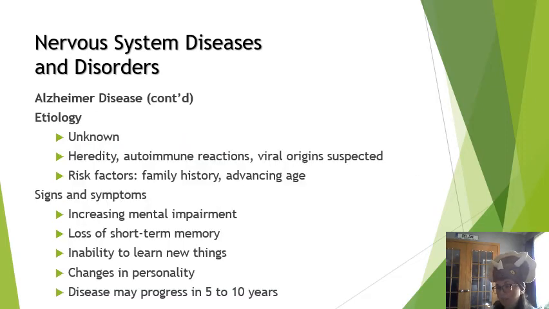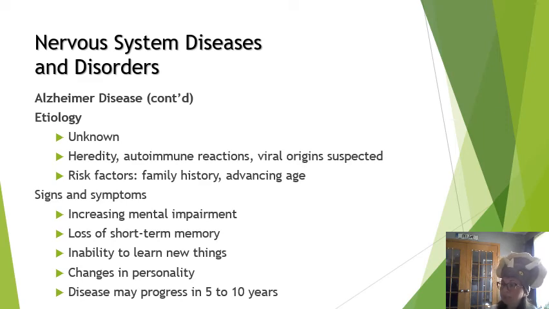Its causes or etiology are precisely unknown. There have been links to hereditary, autoimmune reactions, viral origins were suspected as well. I've read that links to something like sleep, or the lack of, or poor quality has its relevance as well. Even if the causes are still open, signs and symptoms are a sure thing.